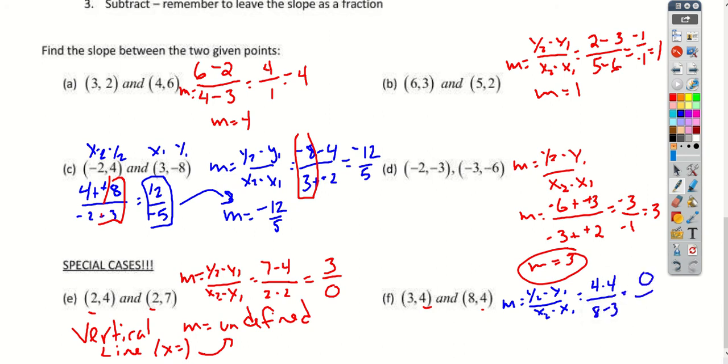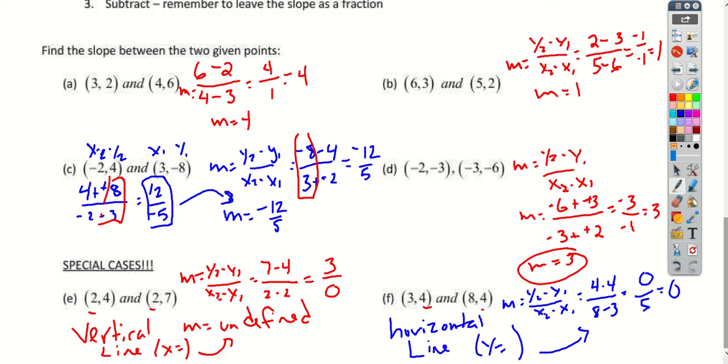And so we get 0 over, in this case, 5. So 0 over a number is always 0. So this is a horizontal line when the y values are the same, different x's. This line is always going to be a y equals graph, and it has a slope of 0. So we can keep that in mind.